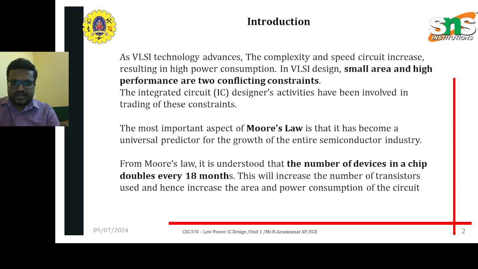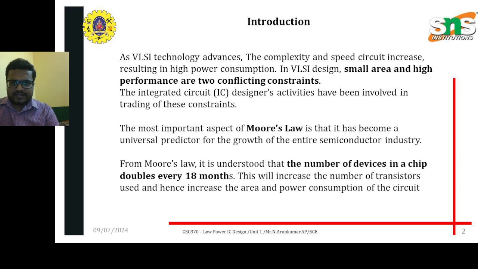In VLSI design, small area and high performance are two conflicting constraints, because all the ICs are manufactured with the help of packages. In the package, it consumes a small area and gives high performance of the concerned IC.